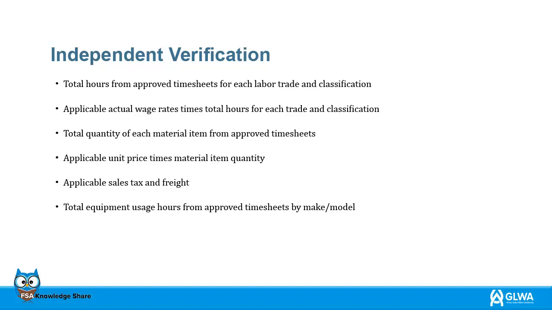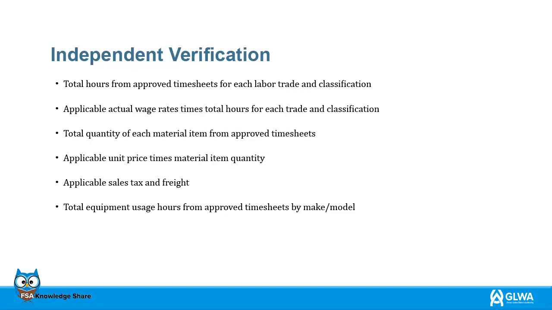Total hours from timesheets that have been authorized for each labor trade and classification. Ensure actual wage rates are multiplied by the number of hours worked for each classification and trade. Review total quantity and material item based on authorized timesheets. Remember applicable unit price times material item quantity.